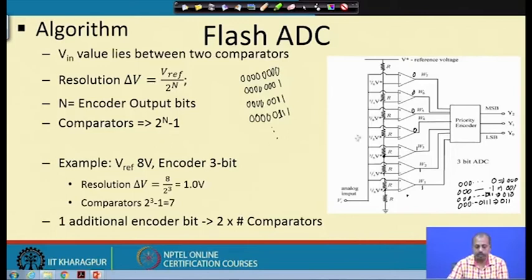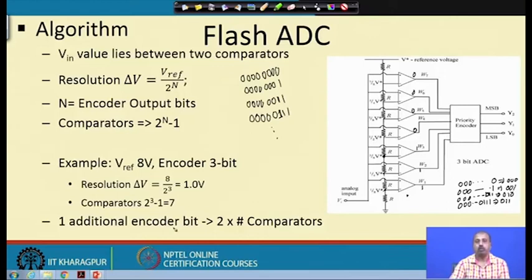So we need 7 such comparators. If instead of a 3 bit ADC we design a 4 bit ADC, then the number of comparators will become 16. So for every additional bit, the number of comparators will double.